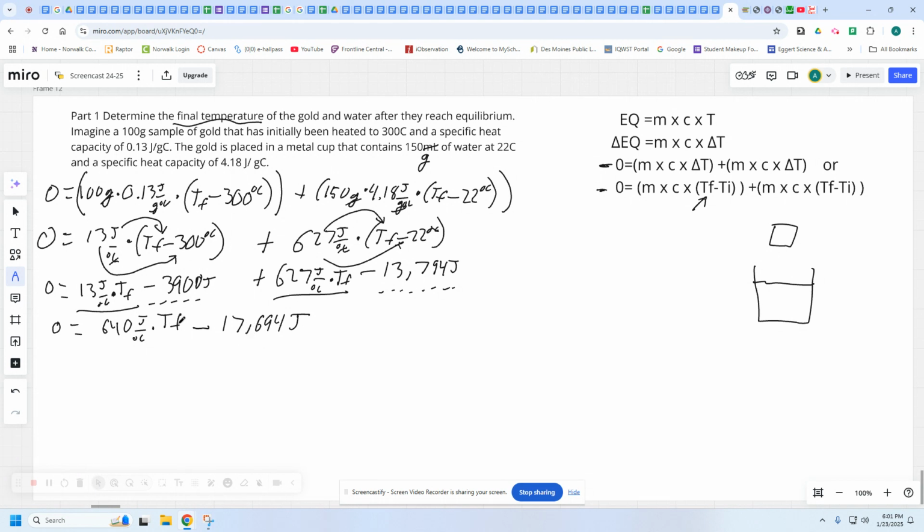So our goal is to get TF by itself. I'm going to start with dealing with the 17,000 and adding 17,000. Doing that cancels it out, but I've just manipulated the right side, so now I need to bring that over to the other side. I'm going to bring down what's left over, this package right here.